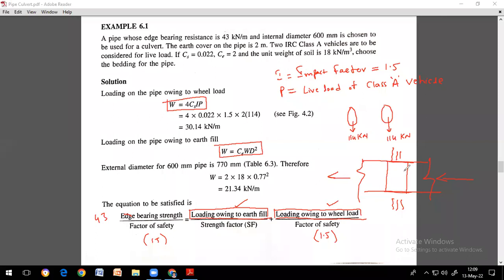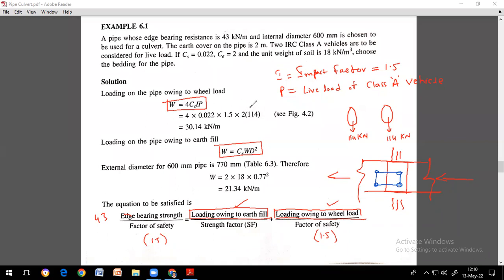Vehicle will have a length, right? So 2 tires will be outside the culvert and 2 tires will be on the culvert. Understand? So this is how the vehicle can be placed on a road. So only 2 tires will be placed on a culvert. That is the reason why every tire carries 114 kilonewton, so 2 into 114.